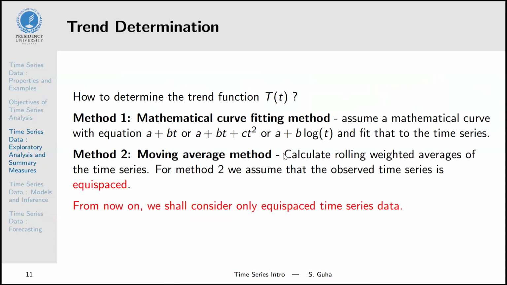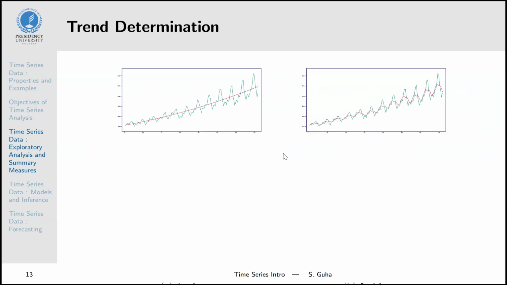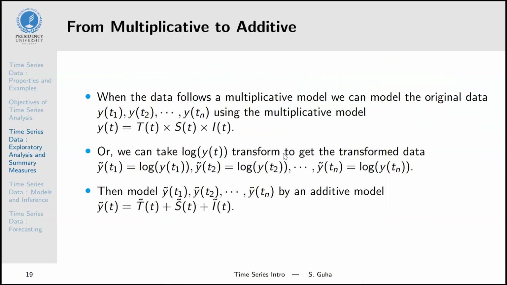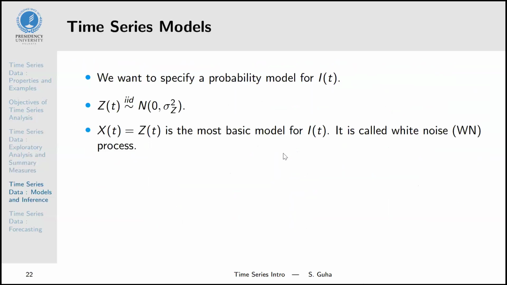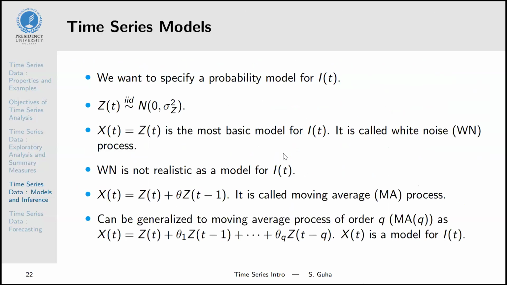A moving average process and a moving average method for trend determination are completely different objects. The moving average method for trend determination falls under the exploratory analysis of time series. On the other hand, this moving average process falls under the category of time series model. This is actually one kind of time series model.